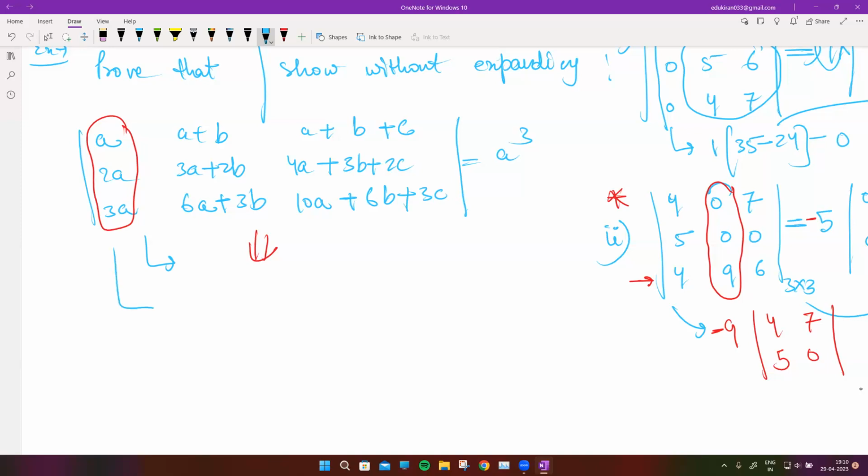So what I'm going to do here is I will apply these 2 simple rules. First, I'm changing row 2. Row 2 changes to row 2 minus twice of row 1. Now row 1 is same, no changes in row 1. Row 3 is also same.